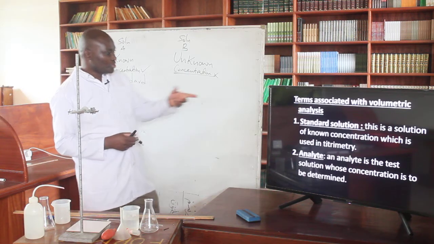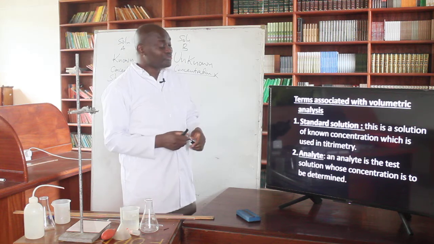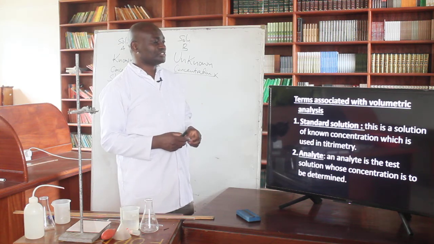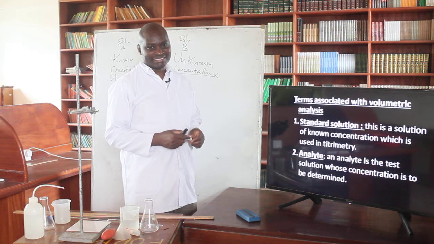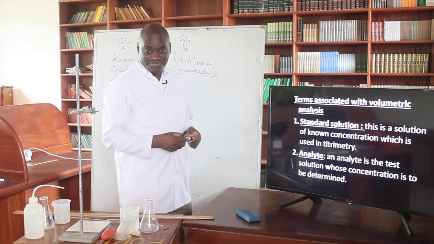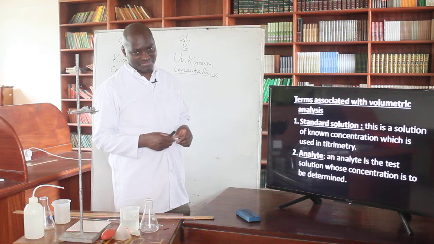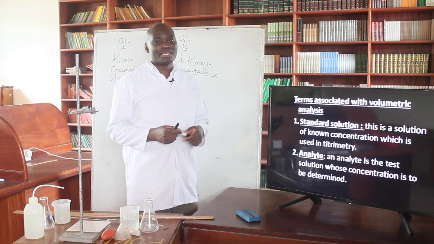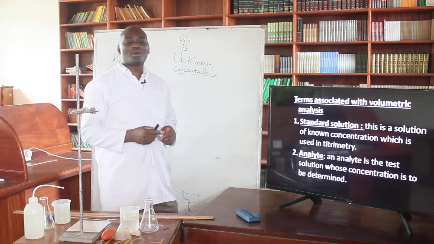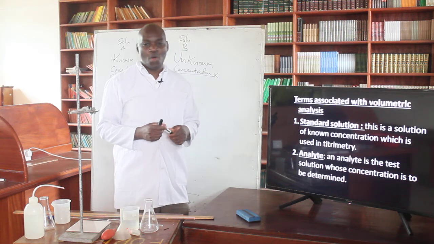Now, let us move to the terms associated with volumetric analysis, the terms that we normally use. One of the terms is a standard solution. And I've said a standard solution is one whose concentration is known.